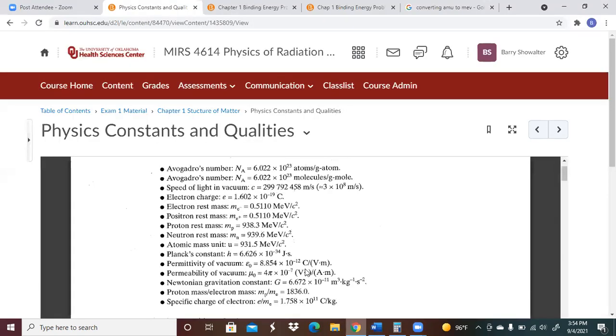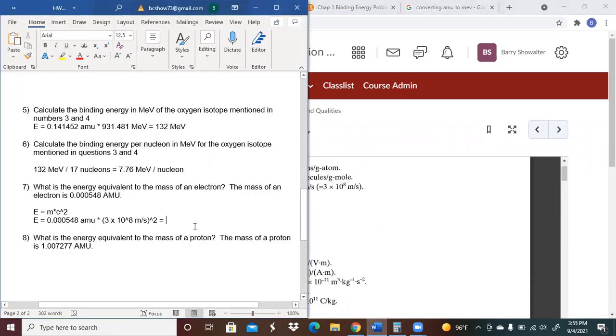Another way to look at that is using this conversion right here. One atomic mass unit is equal to 931.5 MeV divided by C squared. Basically, that means 931.5 MeV divided by C squared is technically what this is right here. And we'll make a note of that.